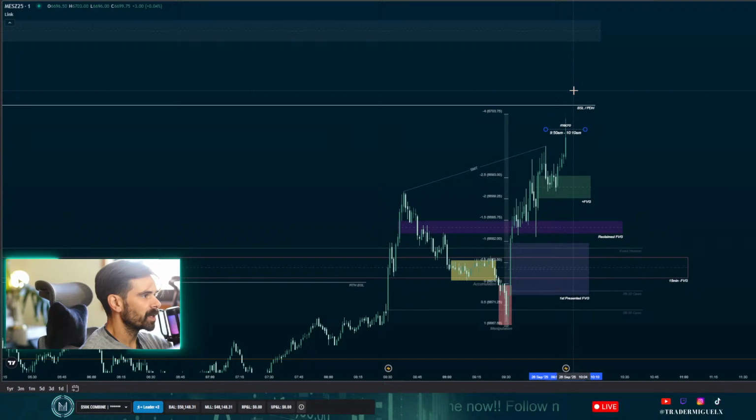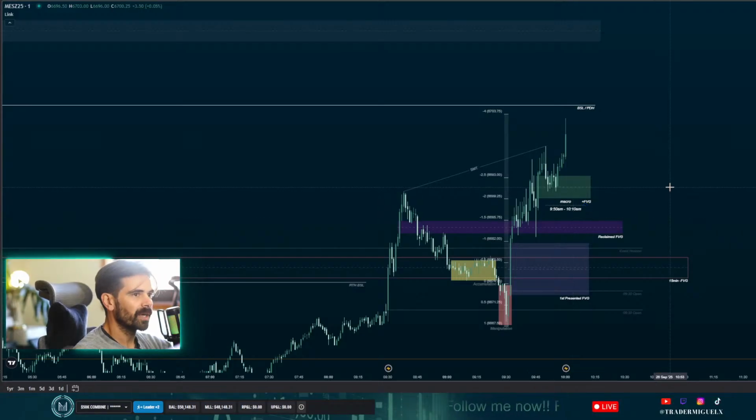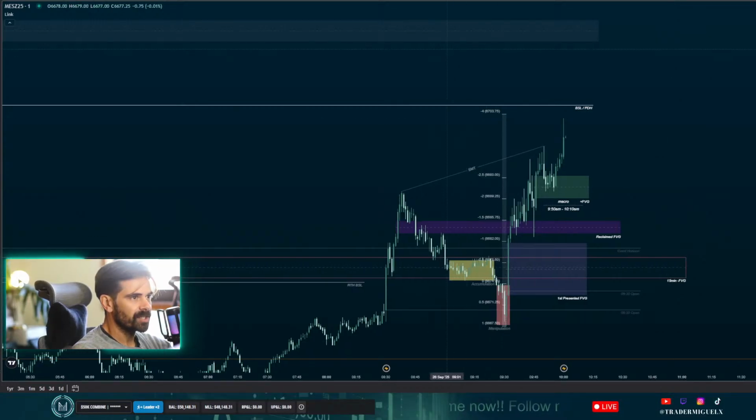So right now we have this as a bullish macro, but keep in mind that the macro can eventually do some sort of inversion, or it can change the trajectory of price action. But right now we are inside of a bullish macro.